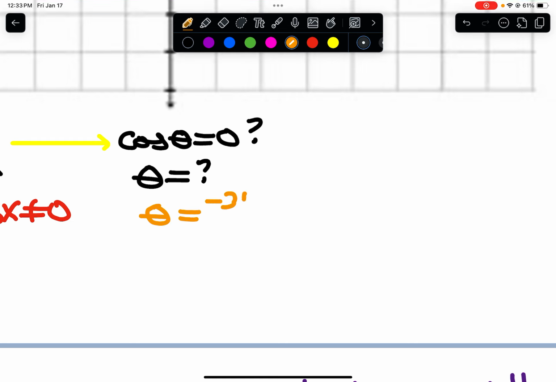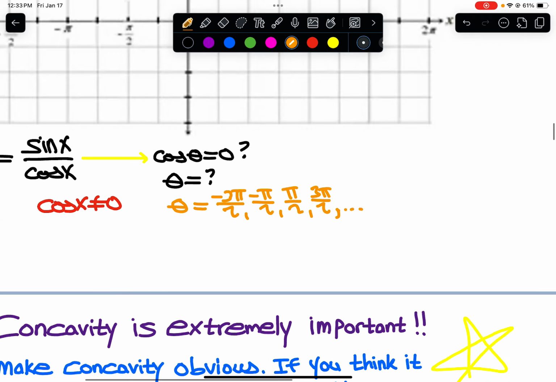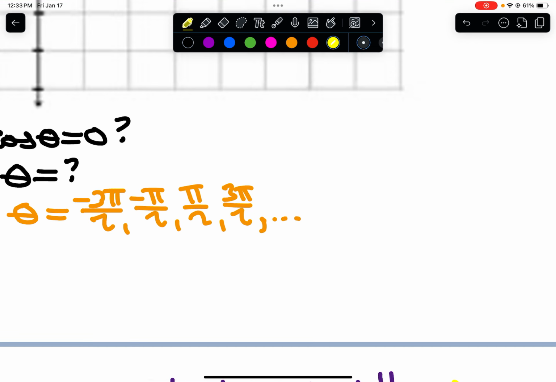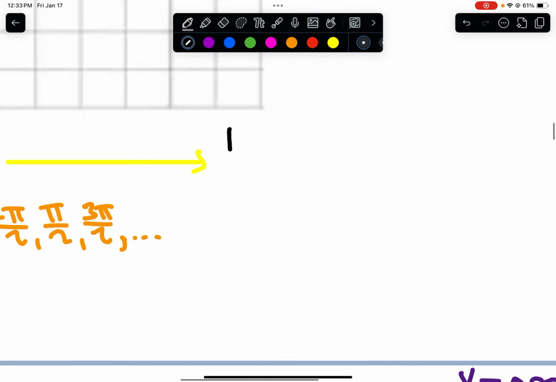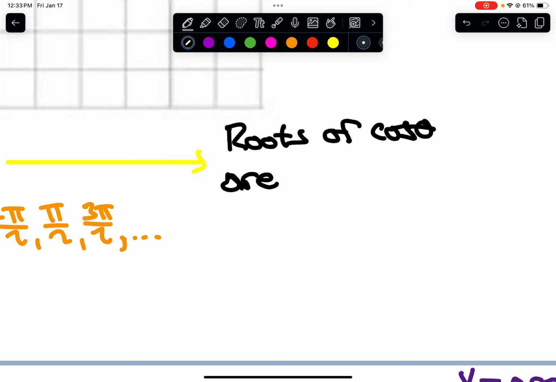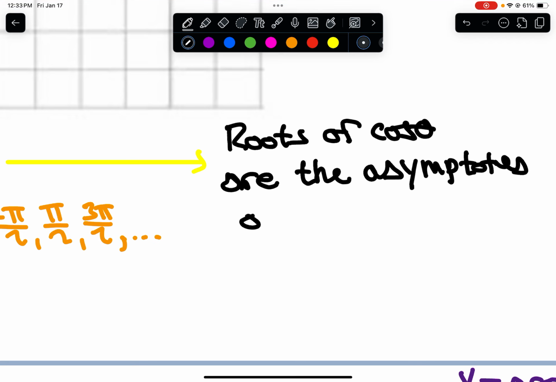So because those are the zeros, what this means is the roots of cosine are the asymptotes of tangent.